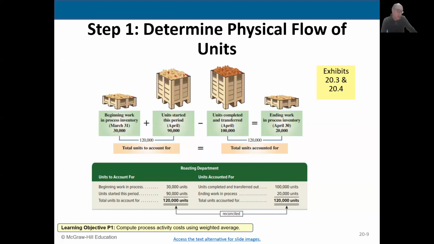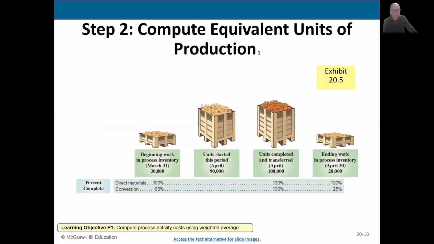Physical flow of units helps us to understand that the beginning units in process plus those started equals the ending units plus those completed and transferred out. It shows us a way to balance the two. So number one, we determine the physical flow of units. The second step is to calculate the equivalent units of production.